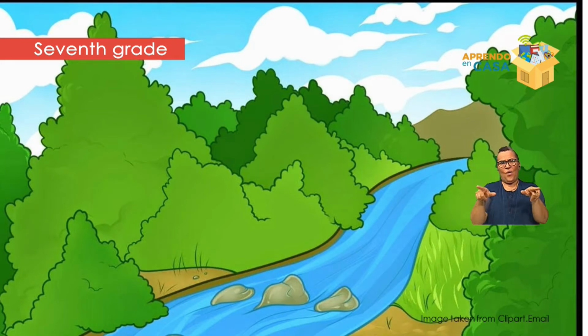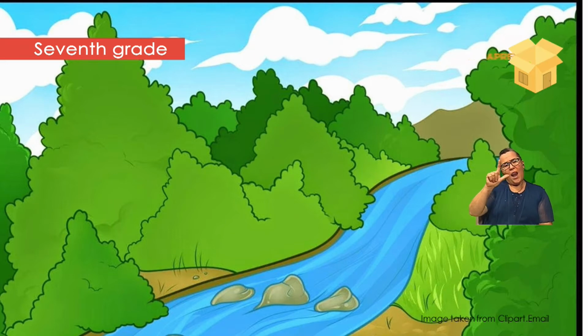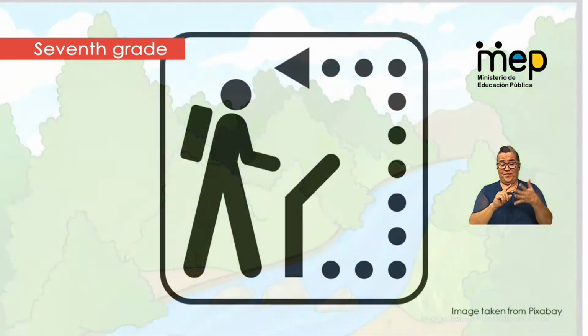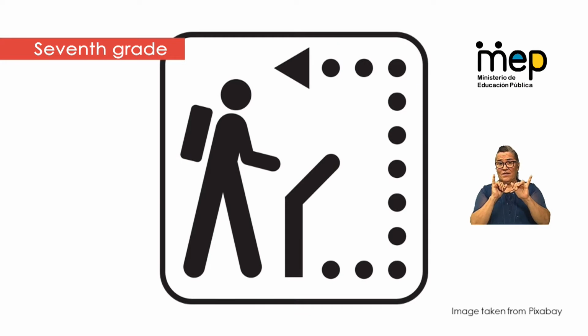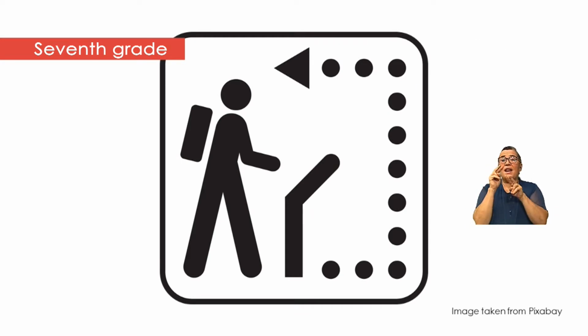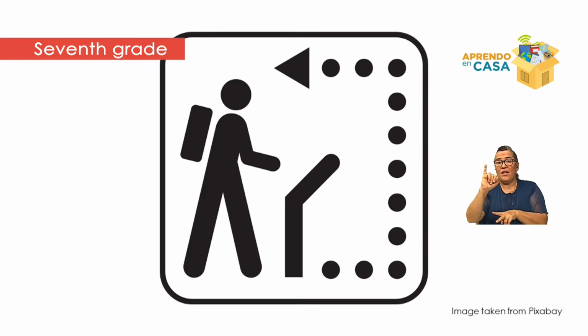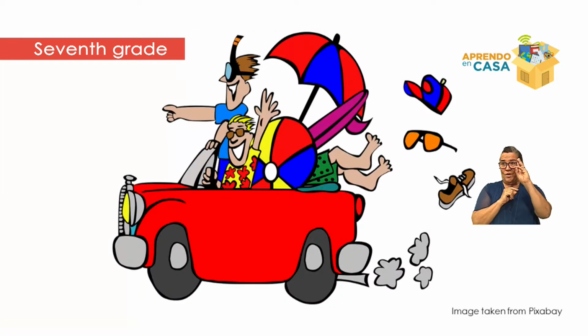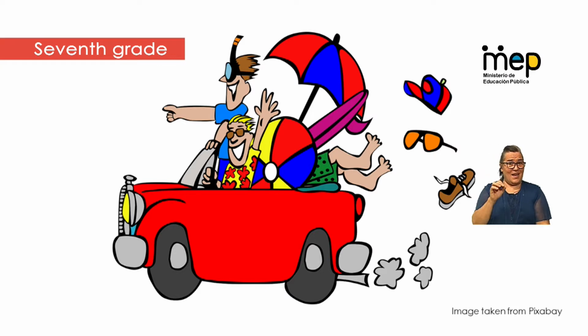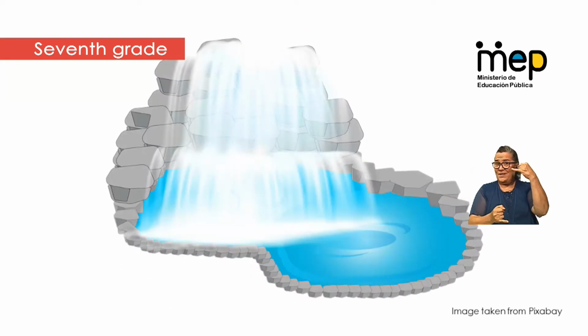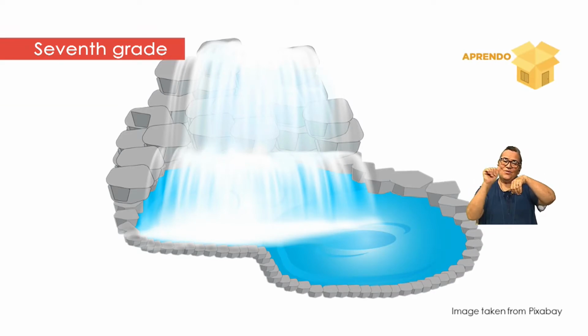There is a local river. Number 5. Trail. There is a trail. Number 6. Trip. There is a trip next week, right? And the last one, blue waterfall. There is a blue waterfall.